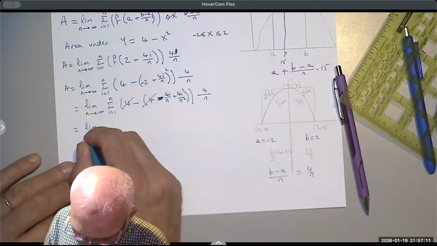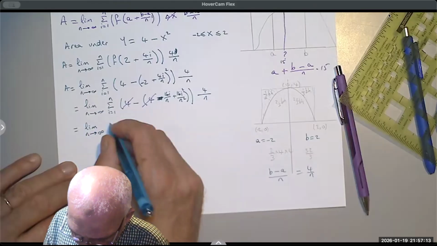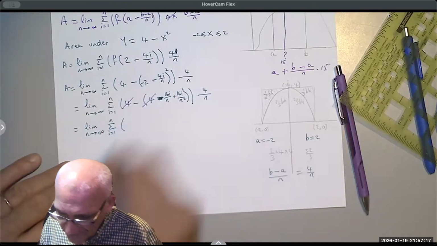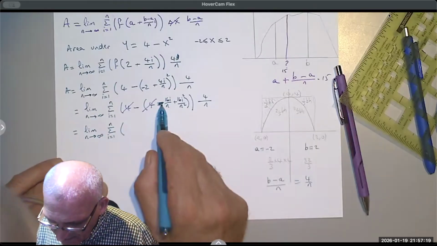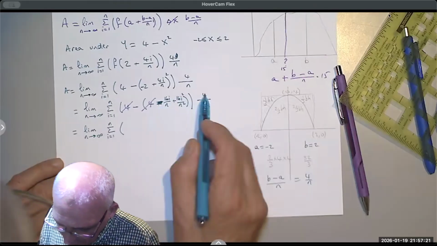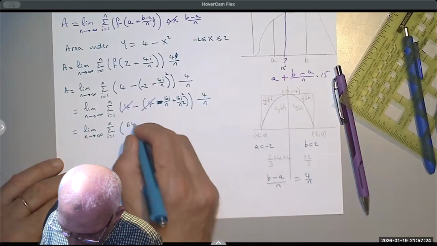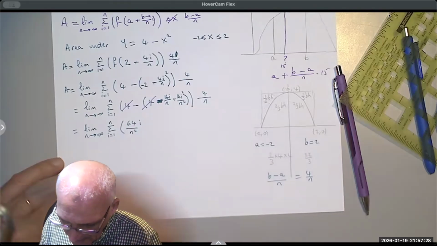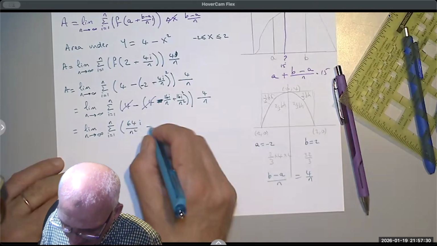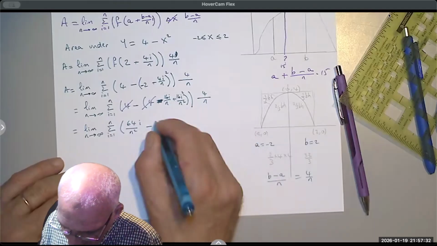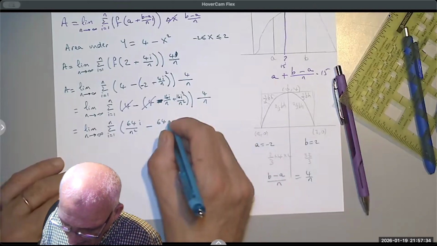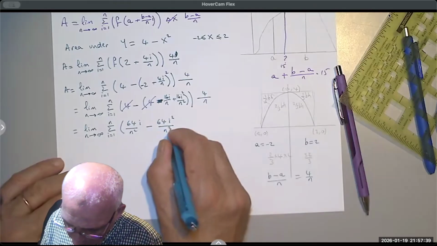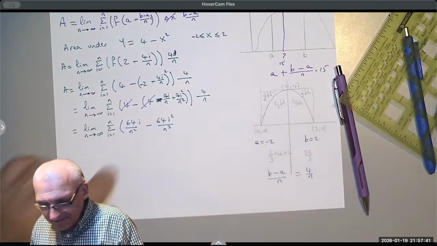Limit as n approaches infinity, summation I going from 1 to n. I have negative times negative is positive. 16 times 4 is 64I over n square. Negative times positive is negative. 64 again, I square over n cubed, because the n is multiplied.